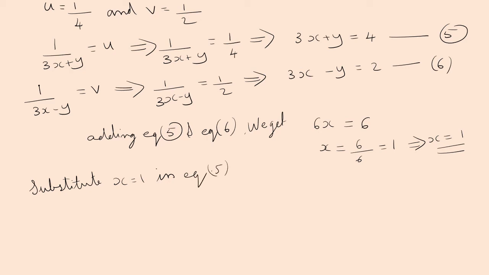That is 3 multiplied by 1 plus y equal to 4, y equal to 4 minus 3, therefore y equal to 1. So you are getting x equal to 1 and y equal to 1.